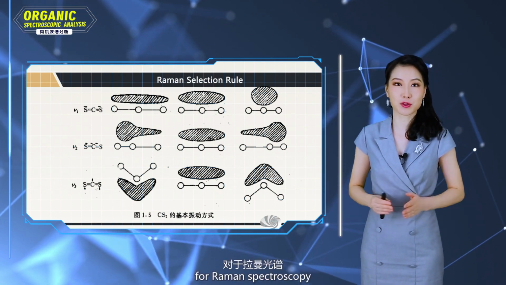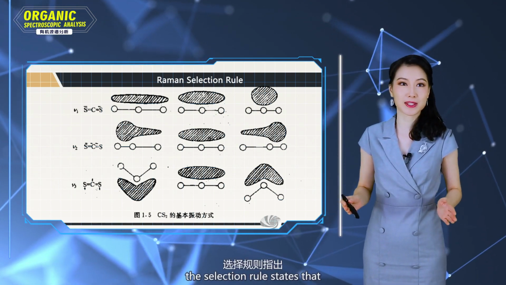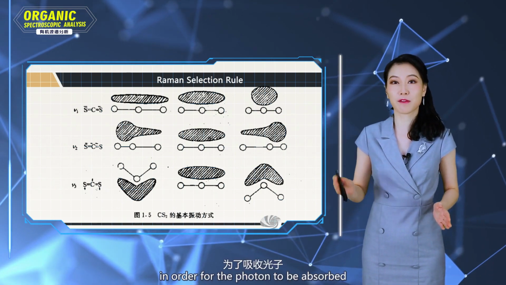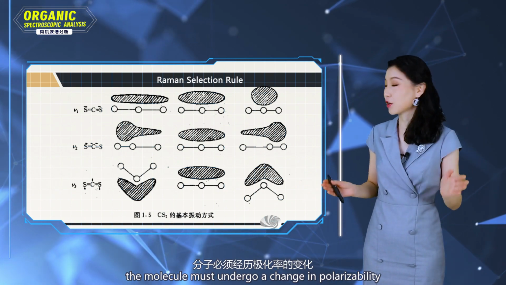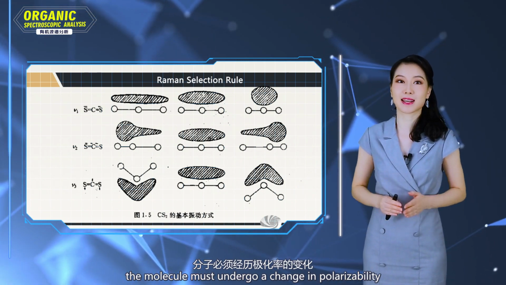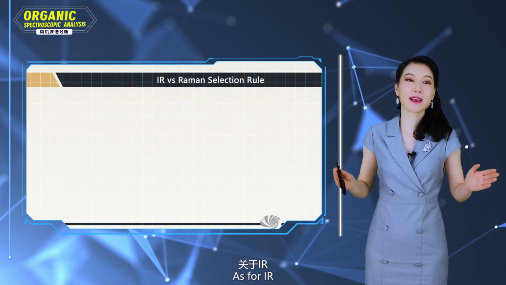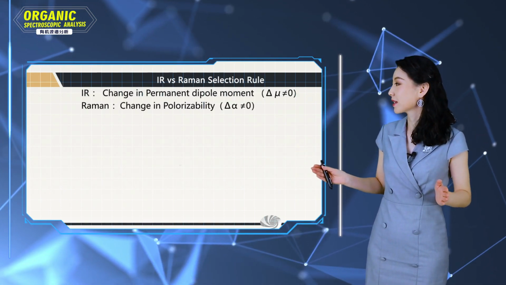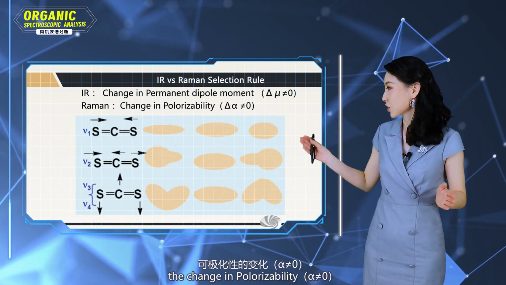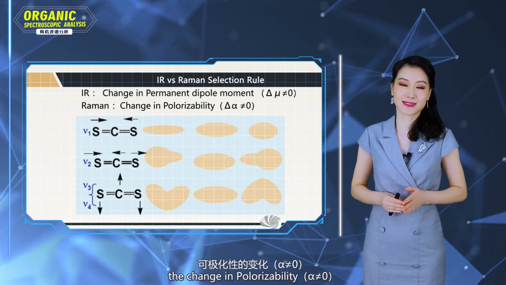For Raman spectroscopy, the selection rule states that in order for the photon to be absorbed, the molecule must undergo a change in polarizability. As for infrared, it is the change in permanent dipole moment, and for Raman, the change in polarizability.